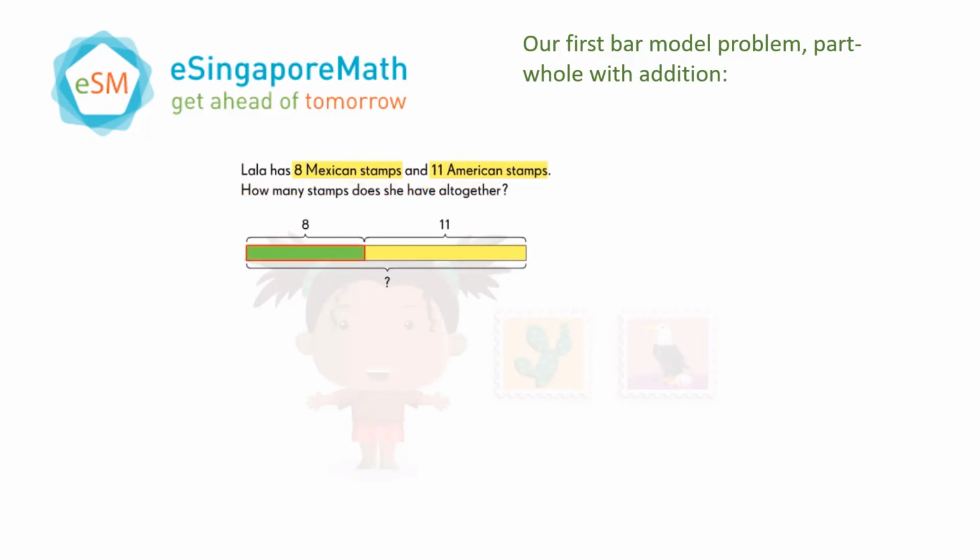This part and this part make up the whole. How do we find the total number of stamps Lala has? We add these together. We get 19. So Lala has 19 stamps altogether.